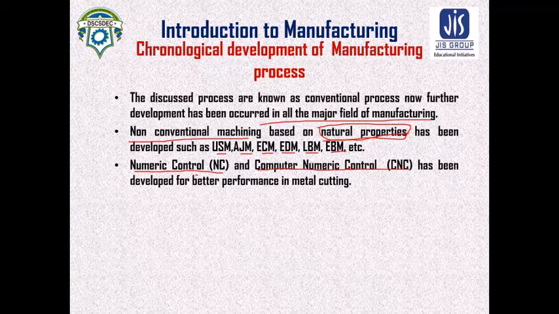In computer numeric control, you feed the desired shape of the object to the machine, and the machine produces the finished product fully automatically under computer control. So these are the developments in the field of machining for better performance in metal cutting.